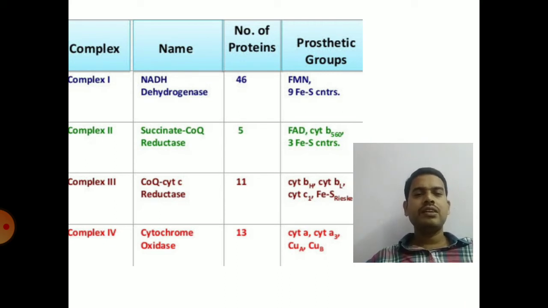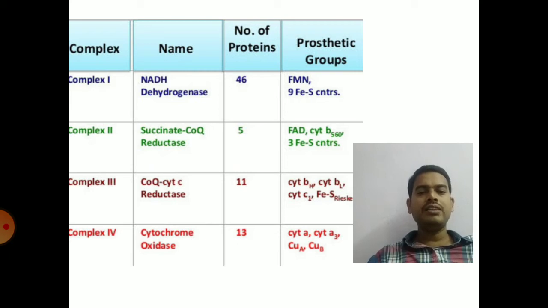iron sulfur proteins as prosthetic groups. The complex 3 is called coenzyme Q cytochrome C oxidoreductase, comprising cytochrome B, cytochrome C, and also cytochrome iron sulfur proteins. And the final complex is cytochrome C oxidase, which comprises cytochrome C, and the prosthetic groups are copper ions, cytochromes A3, and C. So these are the four different protein or enzyme complexes present in the inner mitochondrial membrane.